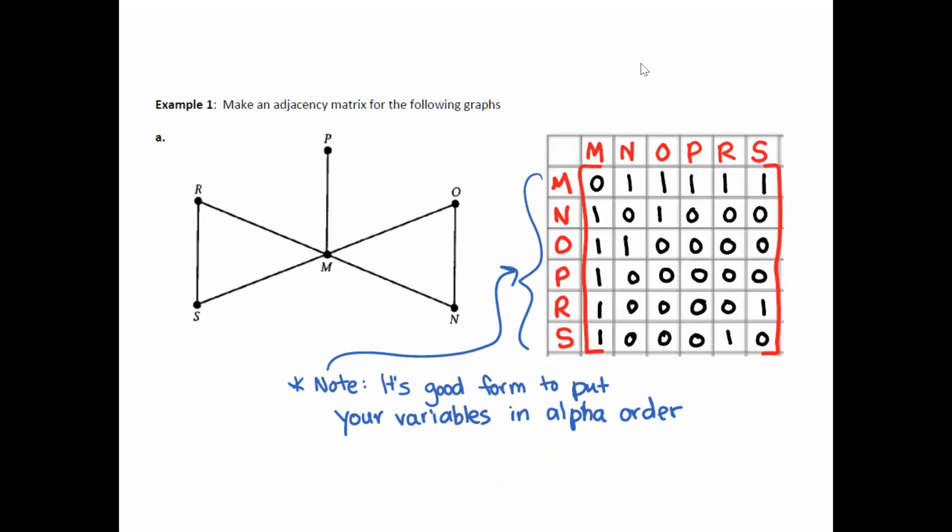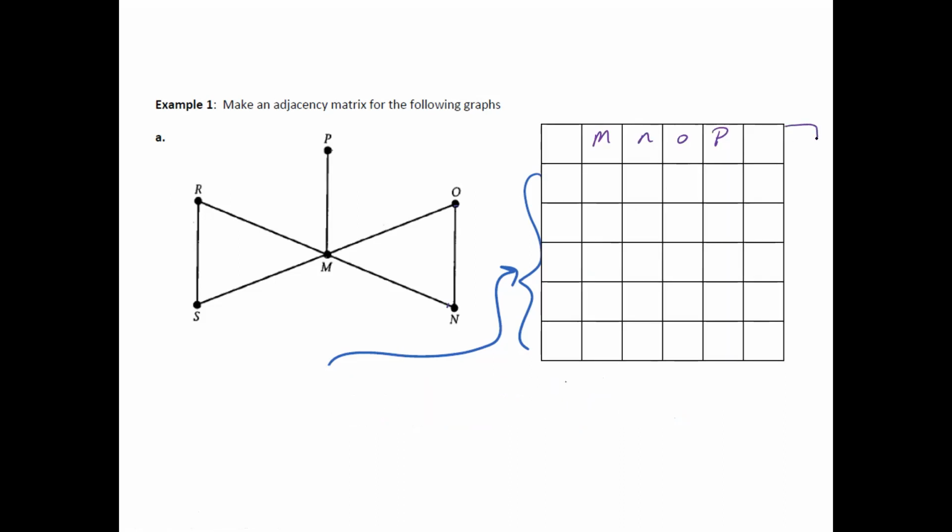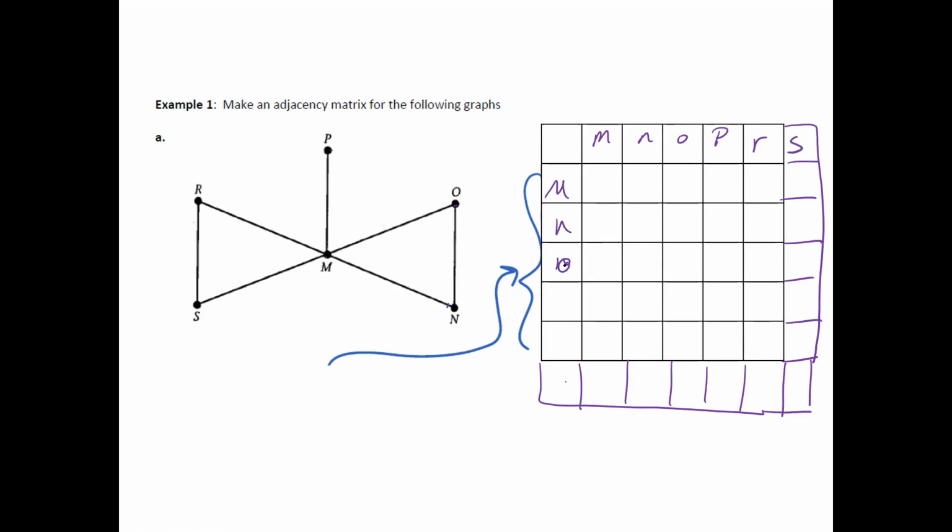I need to have one more line here, sorry. So just draw one more like that because I'm missing one. There we go. And then R, S. And then do the same thing, M, N, O, P, R, S.